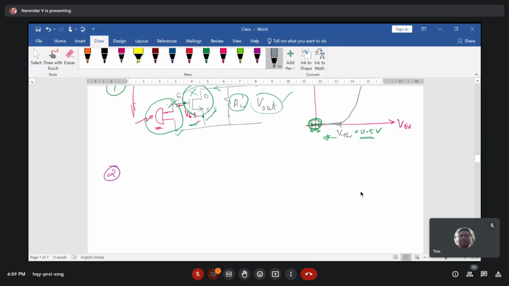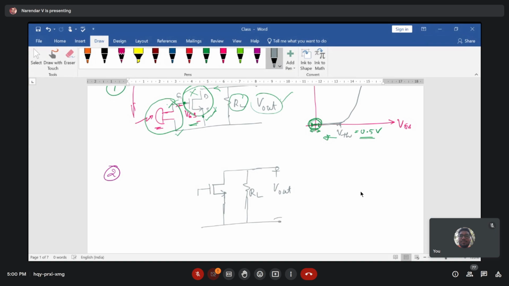Let me redraw this MOS transistor structure again here. This is V out, and here let me consider this a negative point.